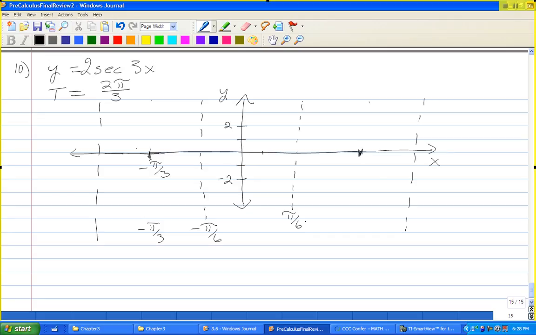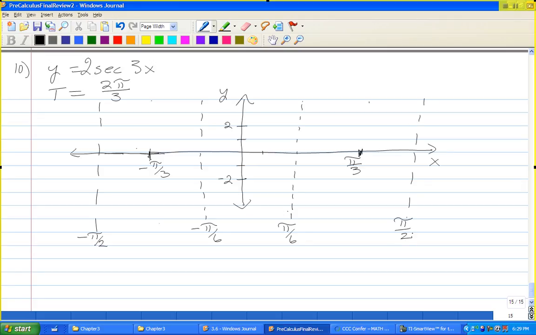And this is pi over 6. 2 pi over 6. 3 pi over 6.